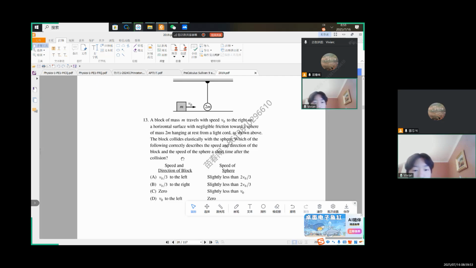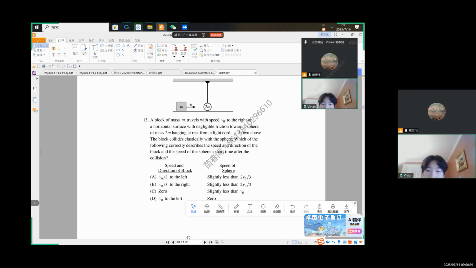These are right. Horizontal surface. Short-time. Collides elastically. Um, if it's elastic, isn't the block zero, not moving?